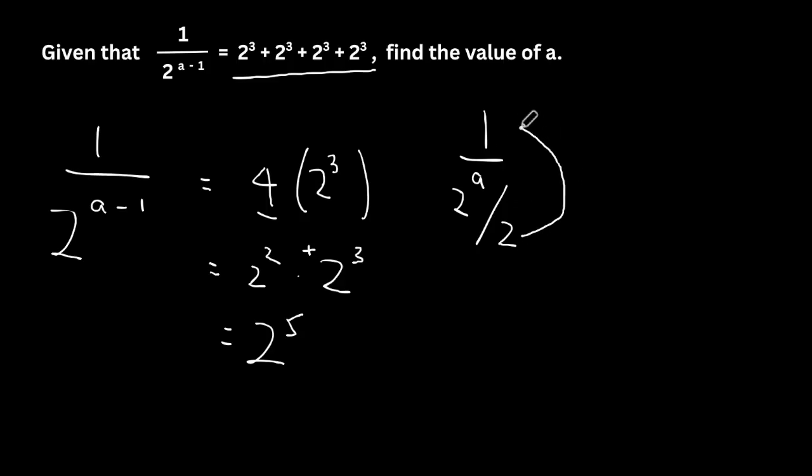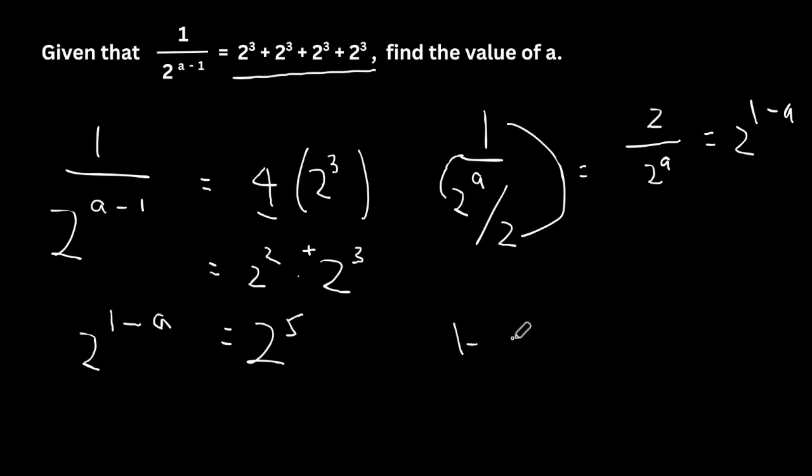So this bit goes there and this bit goes here. So this is the same as 2 divided by 2 to the power of a, which means 2 to the power of 1 minus a. So 1 over 2 to the power of a minus 1 is the same as 2 to the power of 1 minus a. So 2 to the power of 1 minus a equals 2 to the power of 5.